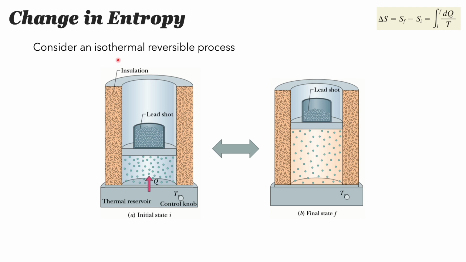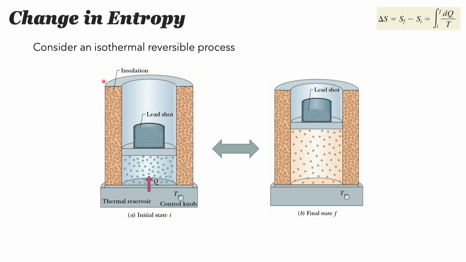Here you will see a new term, isothermal reversible process. A reversible process you already know, and isothermal is one in which the temperature of the system does not change. So this is a reversible process in which the temperature of the system is maintained.